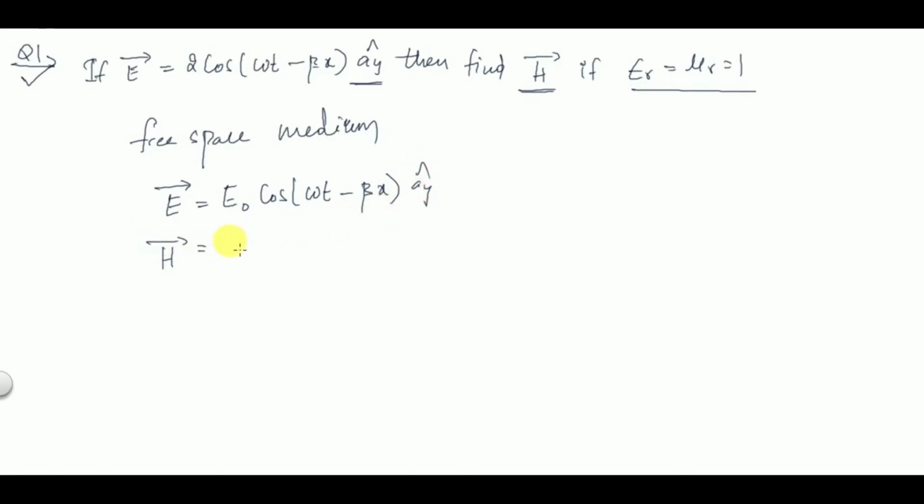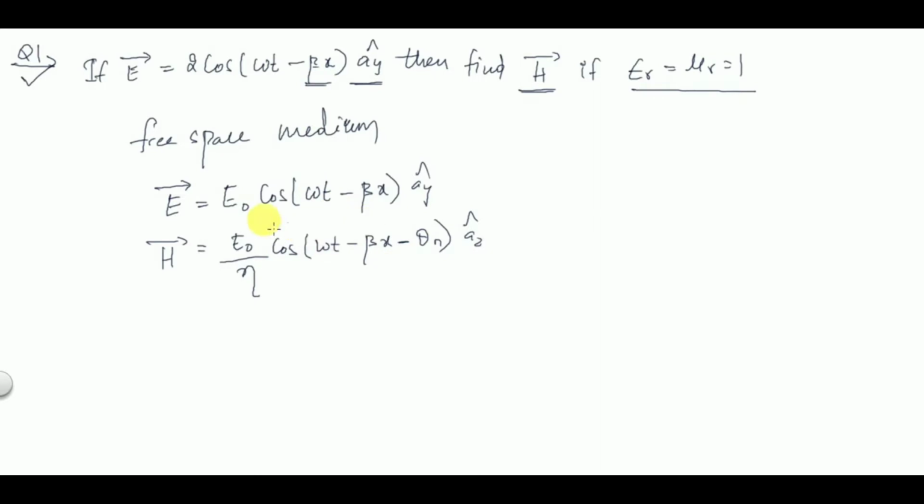H bar can be written as E naught by eta cos of omega t minus beta x minus theta n az cap. Sorry, if it is ay, because wave is propagating along x direction, it will be az cap only.